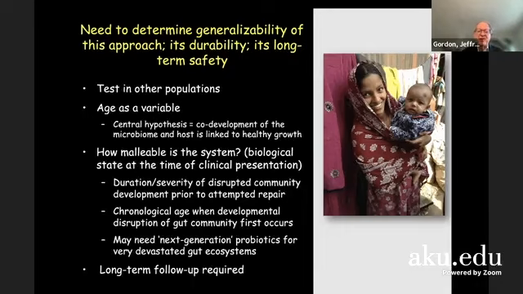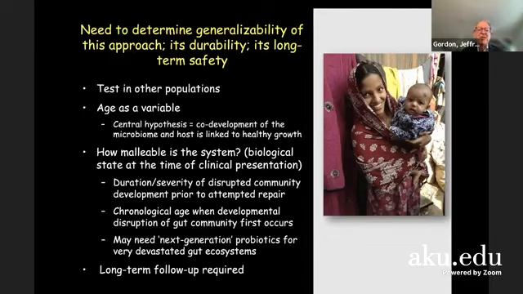The tests we've done here are largely children in the second postnatal year. So is this treatment going to generalize over that age range? Remember the central hypothesis, it's co-development of the microbiome and host being linked to healthy growth.